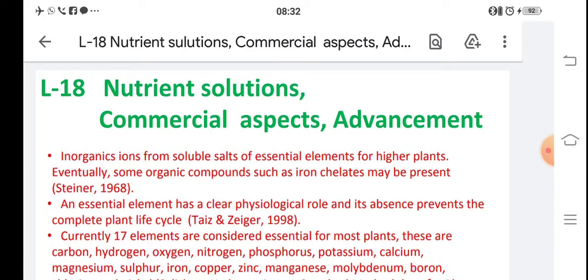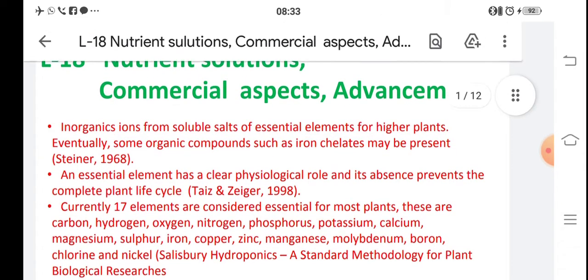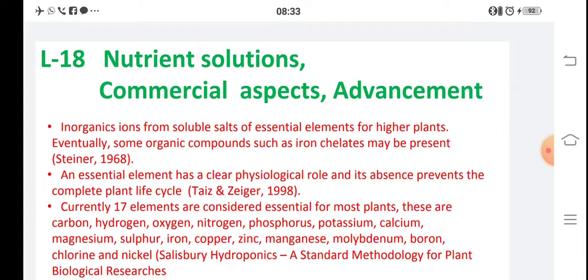As in relation to nutrient solutions, the points are simple, but we have to consider how the nutrients, that is fertilizers, are used. Already we know the inorganic ions are generally obtained from the soluble salts of the fertilizers, and they are essential for the higher plants, as there are some organic compounds such as iron chelates that may be present.